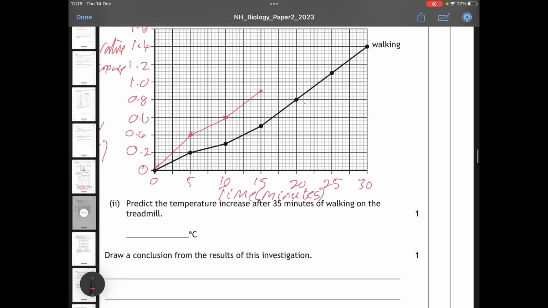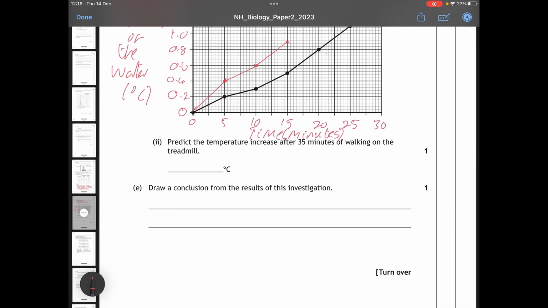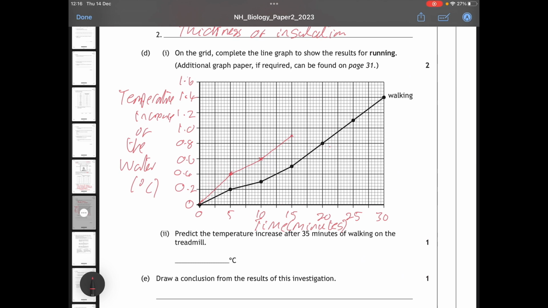Okay. Last couple of questions then. Predict the temperature increase after 35 minutes. To do these kinds of questions, what you need to look at is the pattern of the previous increase. So in the previous one, it's now sitting at 1.4. The question is, what if there was a 35 sitting here? What would it be up to around about there?